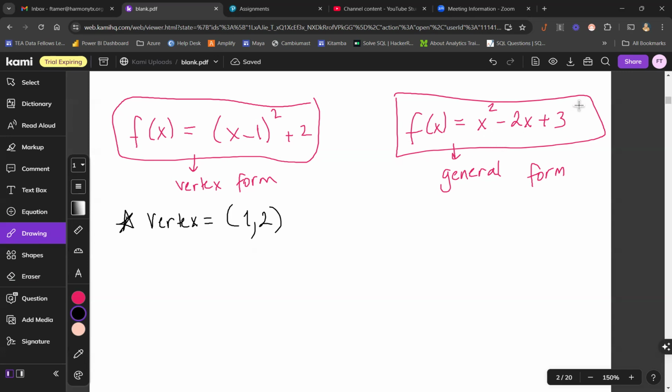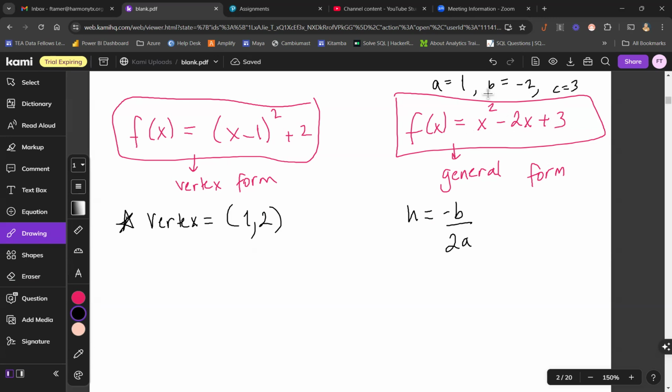So we have formulas. When you have the general form, the h value of the vertex will be calculated using negative b over 2a. Here, a is how many x squared you have. So in this case, I have 1x squared. b is the number of x, so we have negative 2. And then c is 3.